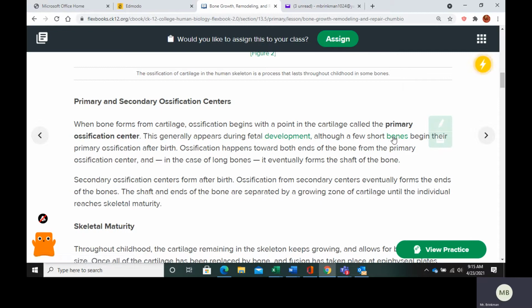A few of the short bones are going to begin primary ossification after birth. And ossification is going to happen toward the ends of the bone from the primary ossification center, and it's going to eventually form the shaft of the bone, which is the long part of the bone.